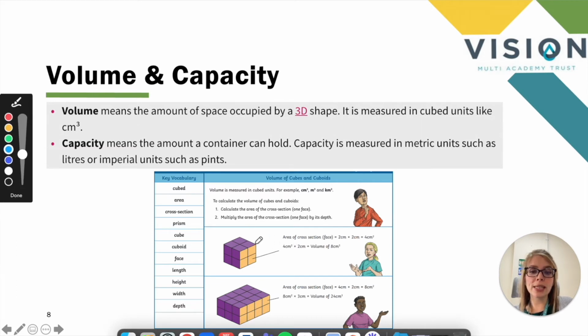We can see that the area is here, it's 2 multiplied by 2, and the depth is 2 multiplied by 2. So we can see that the cross section of one face is this one, the depth is this one. So with 4 centimetres by 2 centimetres, the volume is 8 centimetres. And the same method applies when we are looking at cuboids.